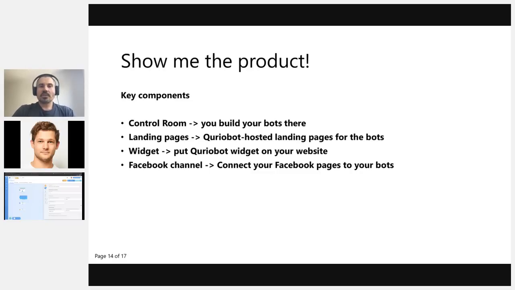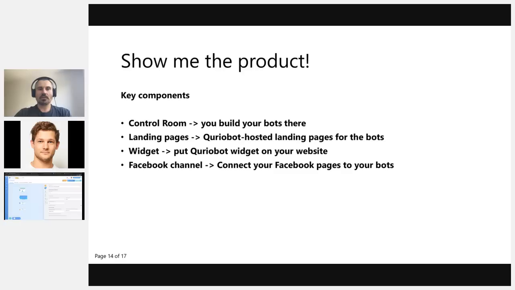So the platform consists of a couple of components. And the main one is the control room where you build your bots. You can see it on my screen. It's open now. A second part is the landing pages, where you can use Quriobot as a hosting for your bot.